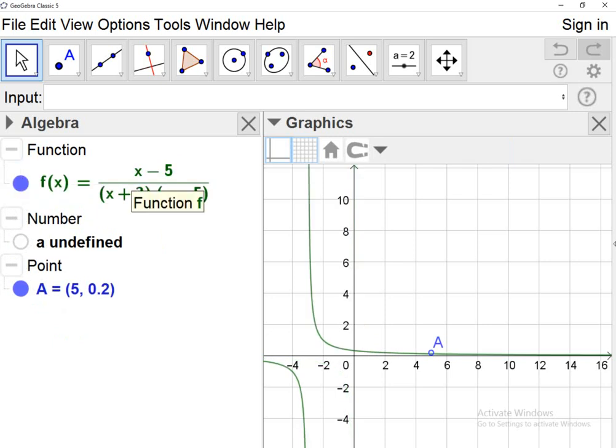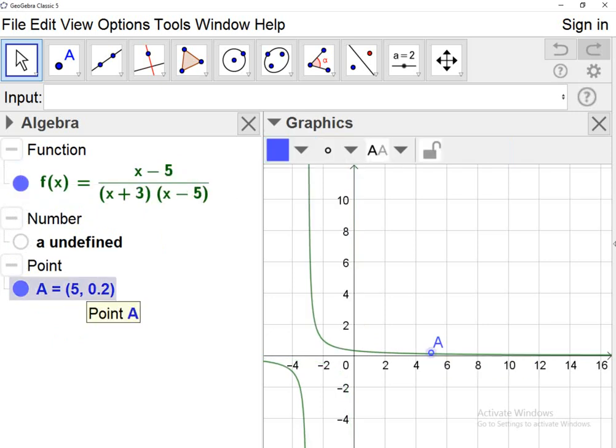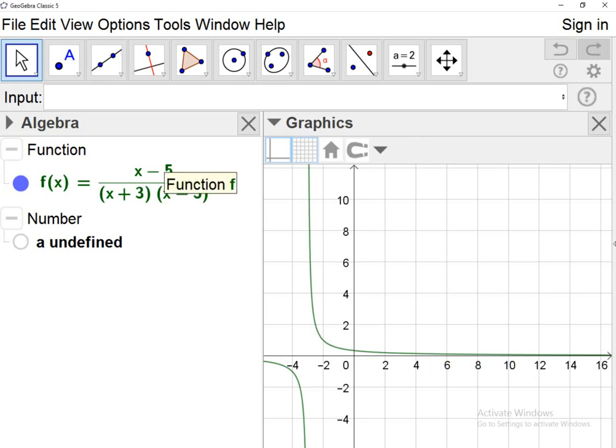So now the x minus 5s cancel. Now my hole is no longer at that point. So the hole shows up at x being 5, but then the y value would be, what, 1/8? I reduce those, I get 1 on top. So g of x would equal 1 over x plus 3.